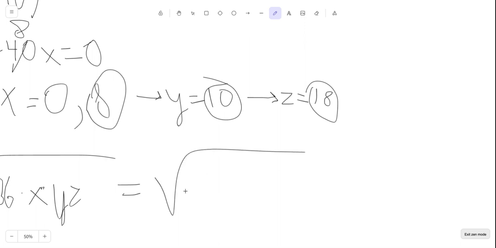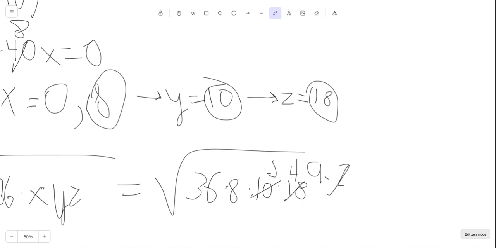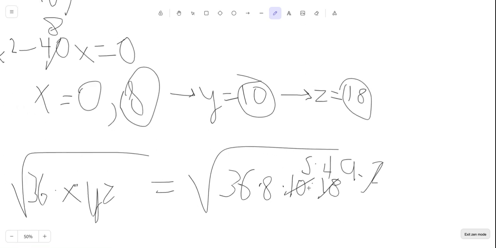First, we have to multiply them. We get 9 times 2, we get 2 times 10, 4 times 5. Wait, oh, y equals 2 actually.